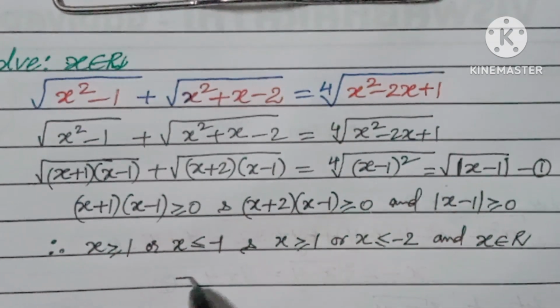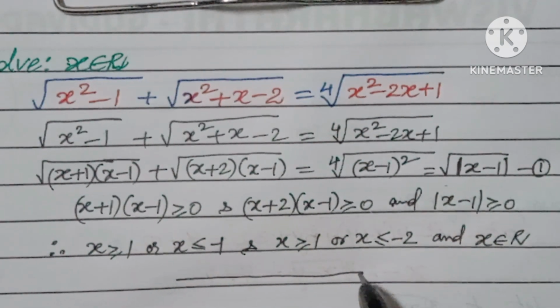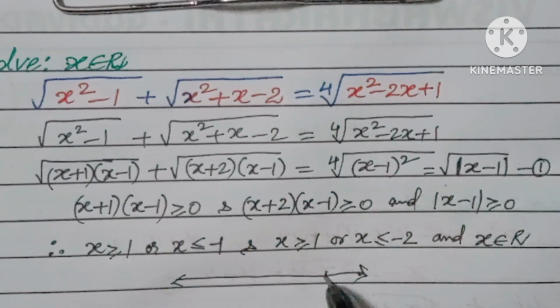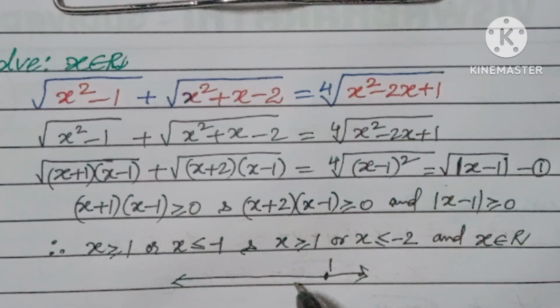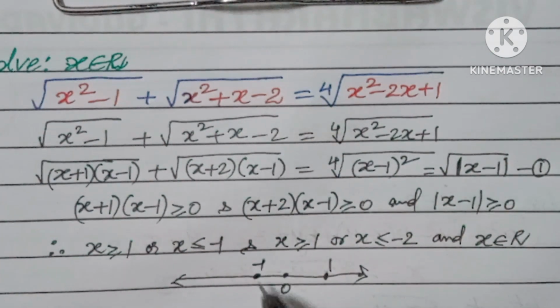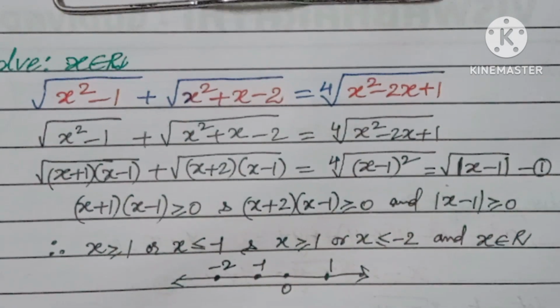Now by using this data, if you draw a number line, here you will get 1, 0, minus 1, minus 2.